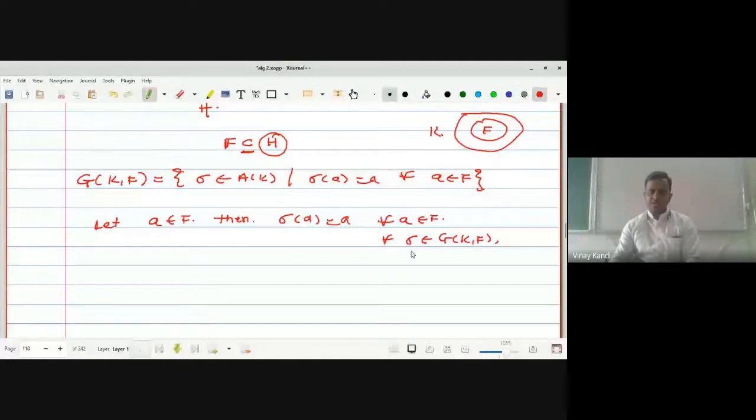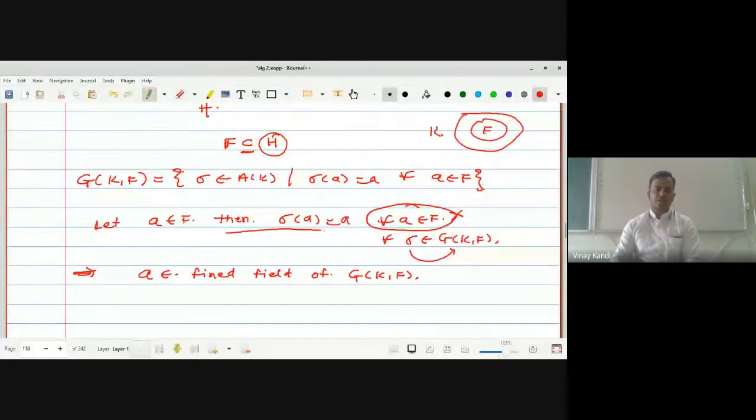Okay. Is it correct? That means this sigma from GKF, what is it doing with an element a of F? It is fixing it. So this implies a belongs to the fixed field of GKF. Is it correct? Now I have neglected this and taken only the definition. So what will happen, where will this a of mine go? To the fixed field of GKF. This is the definition of the fixed field. Okay. So this implies, I am taking a belongs to F. Okay, I took it as F. That means F is contained in the fixed field of GKF. Is it correct?